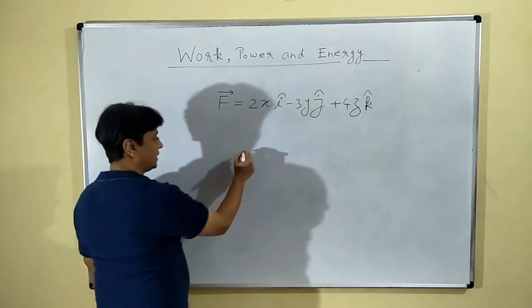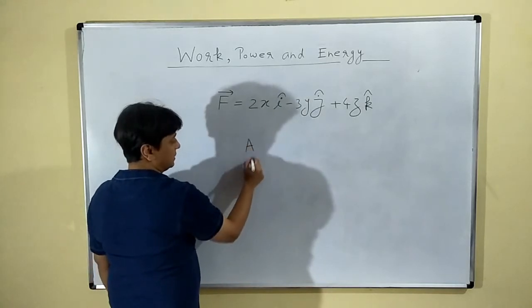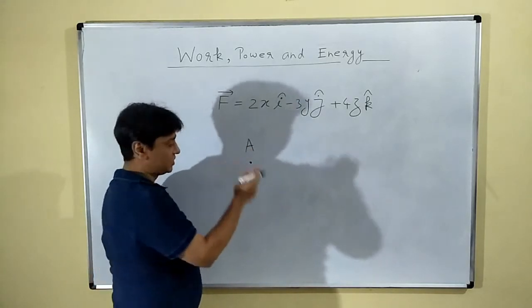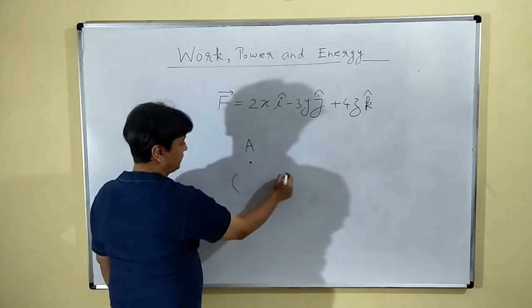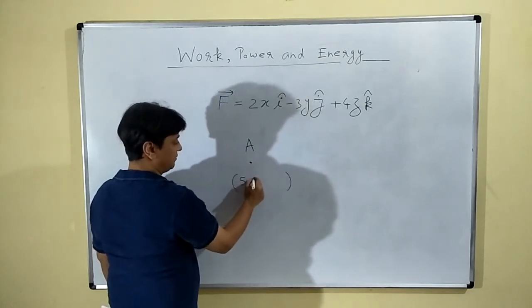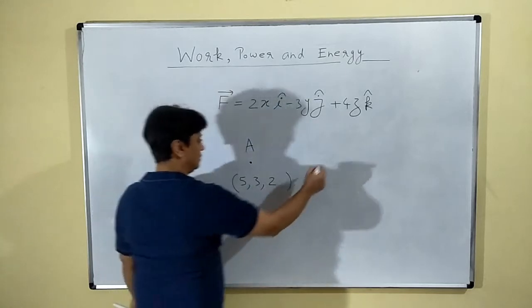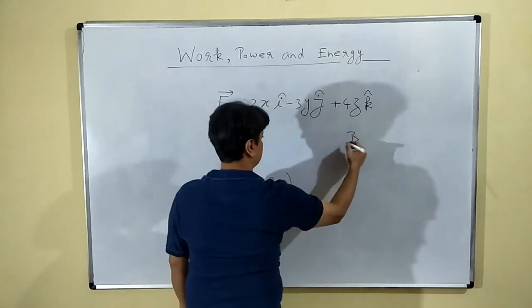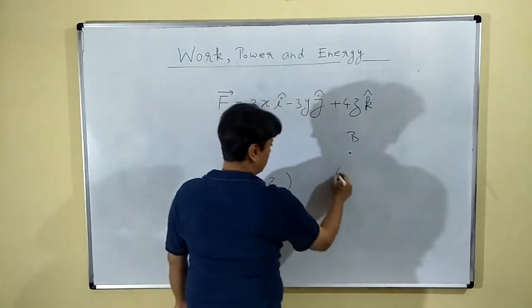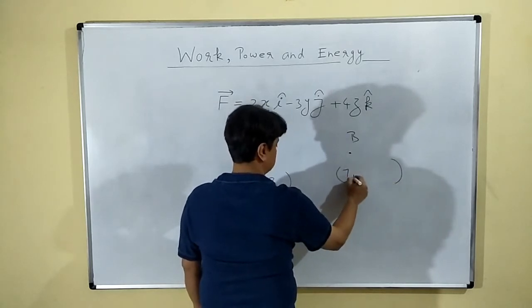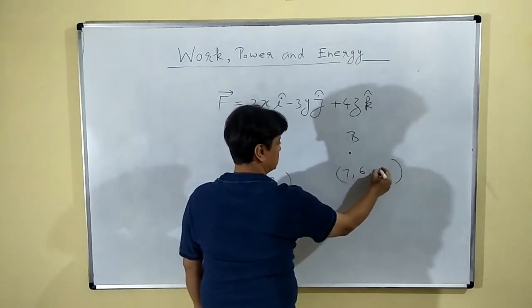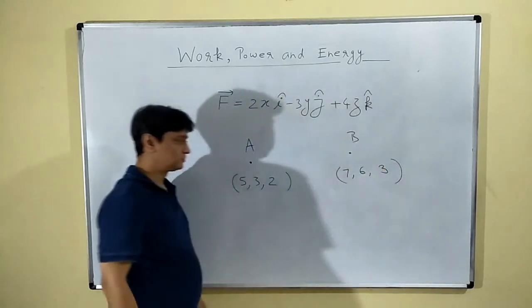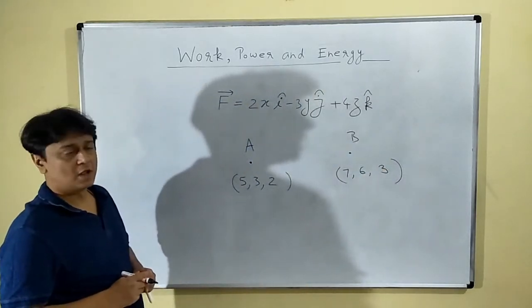And the question again is similar to the previous one: an object moves from some point A, let's say (5, 3, 2), to a point B. And the coordinates of B are (7, 6, 3).